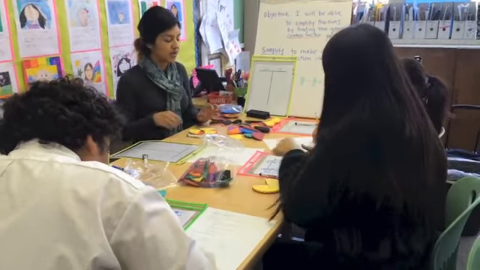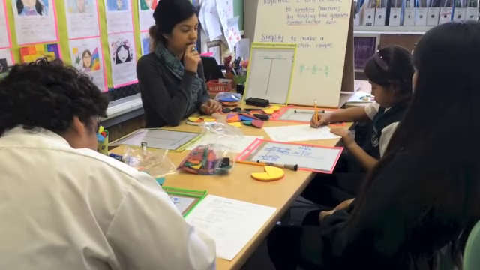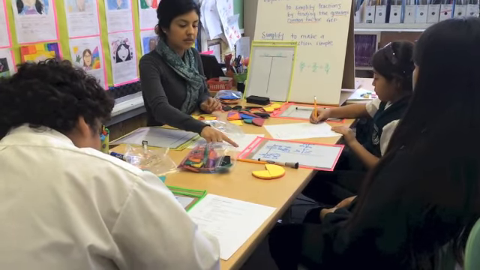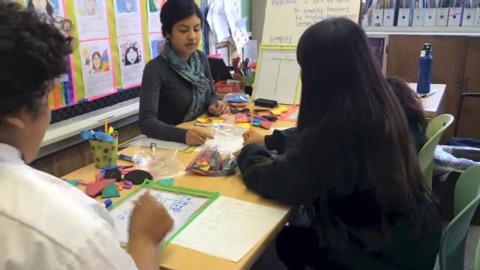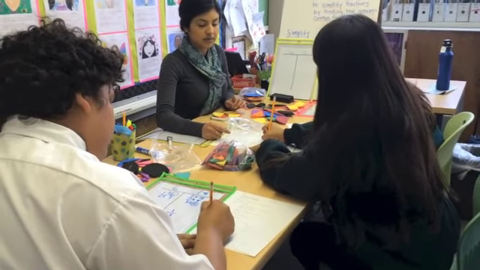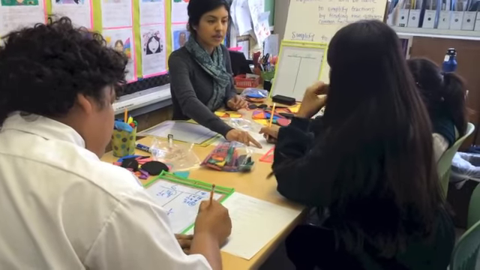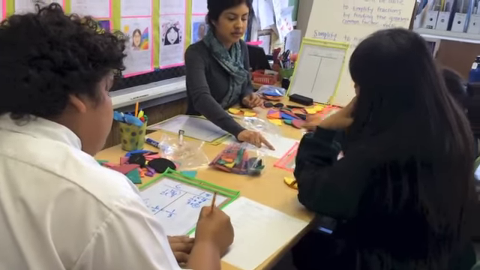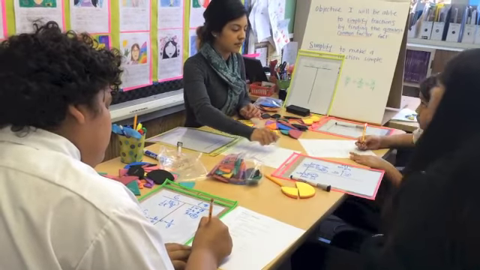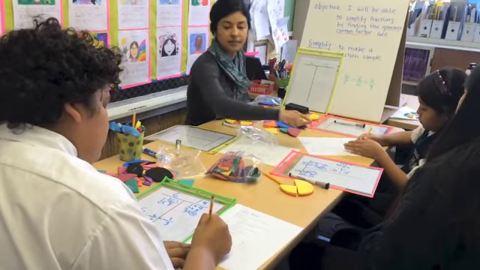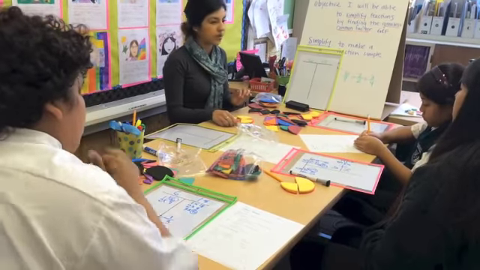Make sure you did it correctly. Write the GCF right underneath. What was the greatest common factor? 3. Okay, so write it right there. Did you write your greatest common factor? Okay. And then let's just wait for Nick and then we can go over it, okay?